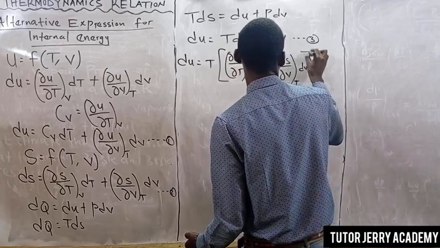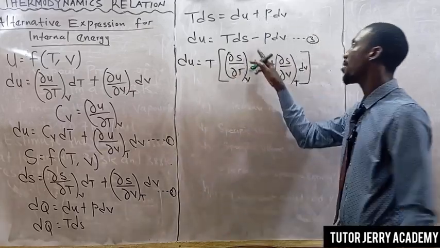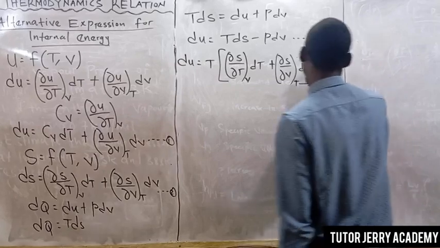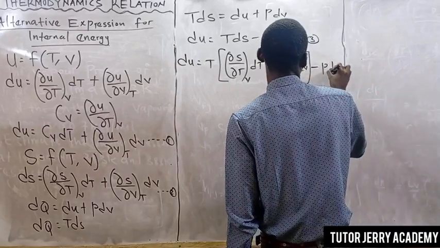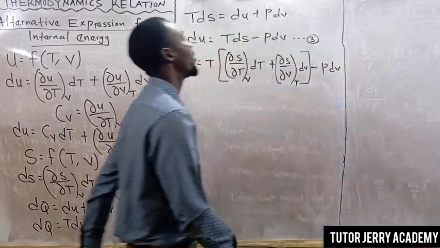So let me close the bracket now. But don't forget we have minus P dV here. So we are going to have minus P dV.